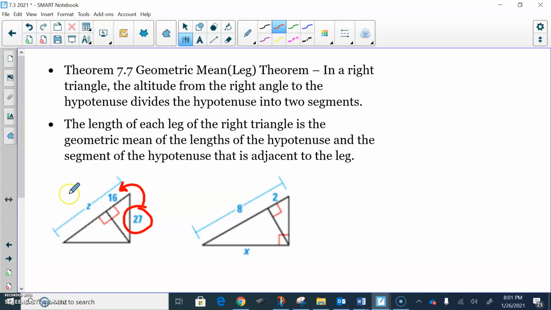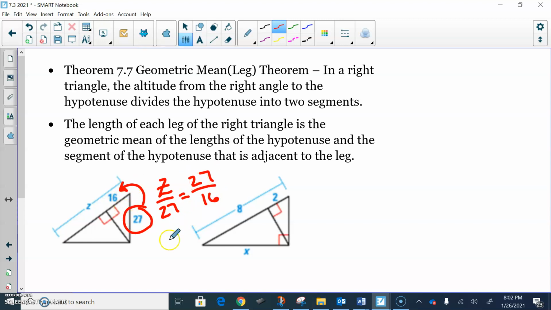So what you want to see to use this theorem is these three things. You need the hypotenuse, you need a segment of the hypotenuse, and you need a leg that's around the corner or adjacent to that. And the length of the leg is the one you repeat. And these two, it doesn't matter which order you put that in. So we're going to say the hypotenuse is to the leg as the leg is to the segment of the hypotenuse that's adjacent.